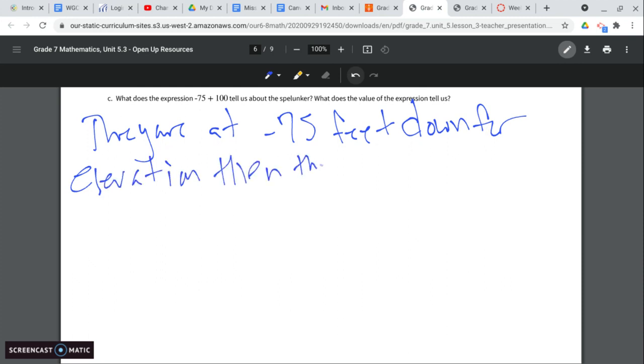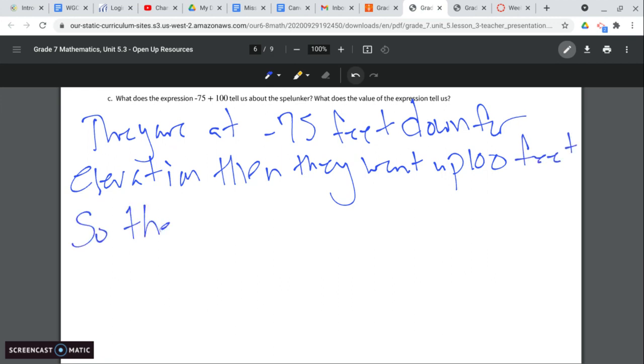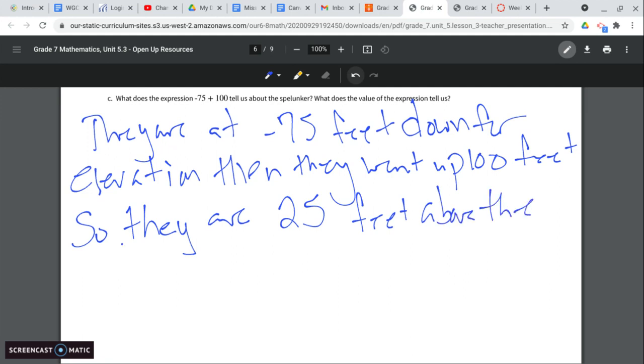Then they went up 100 feet. So they are 25 feet above the cave. So showing that we can go from that negative to a positive just means that we're going up above the land. We're going up the cliff instead of just getting to that nice flat sea level value.